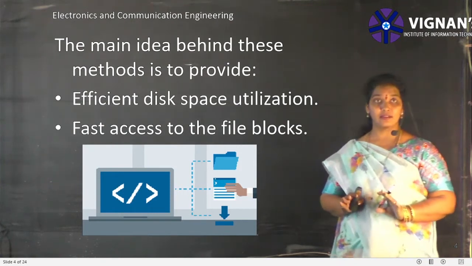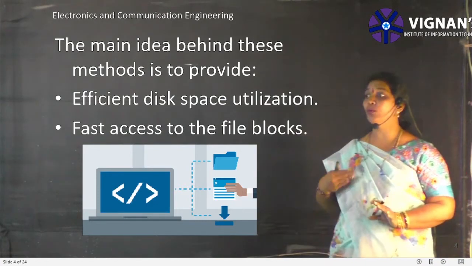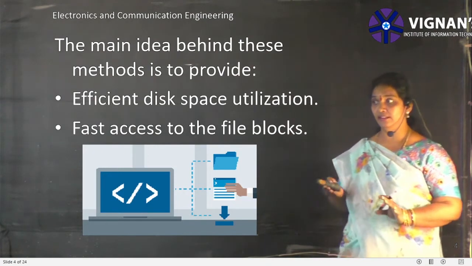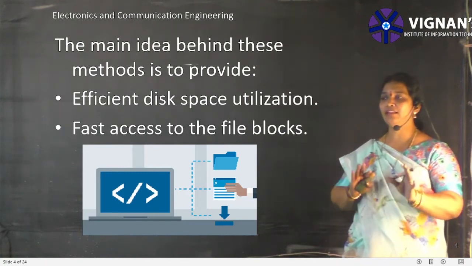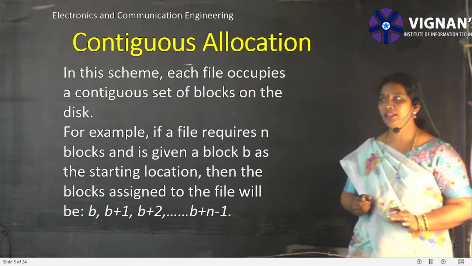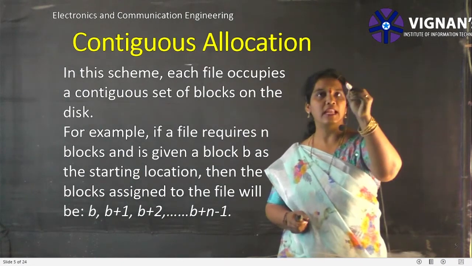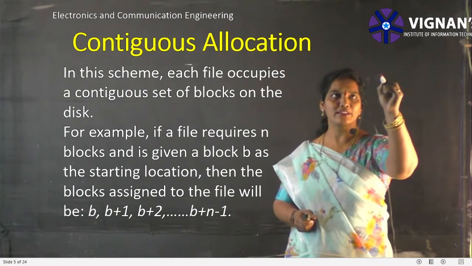So why are these allocation methods there? These are to use the disk space efficiently, efficient disk space utilization, and fast access to the file blocks. We will start our discussion with continuous allocation, or contiguous. Both are the same.